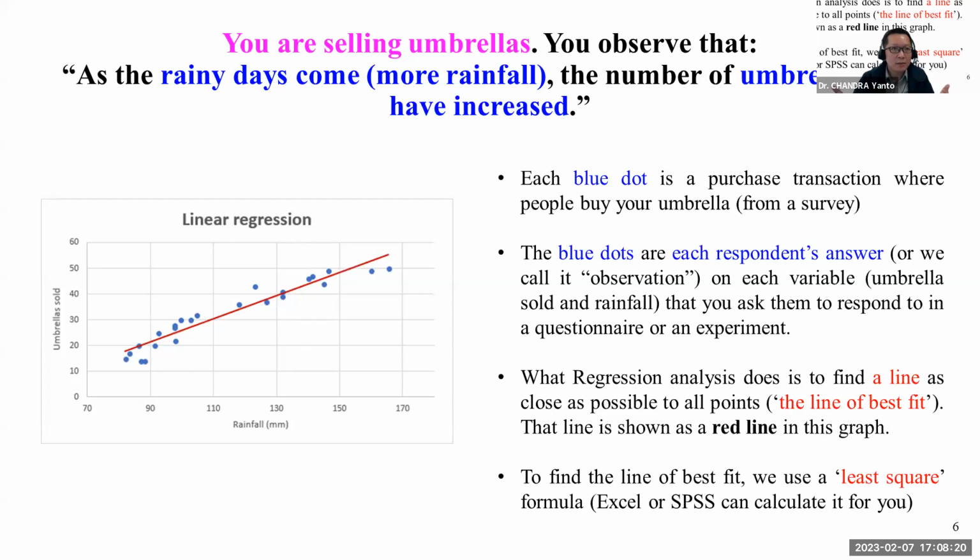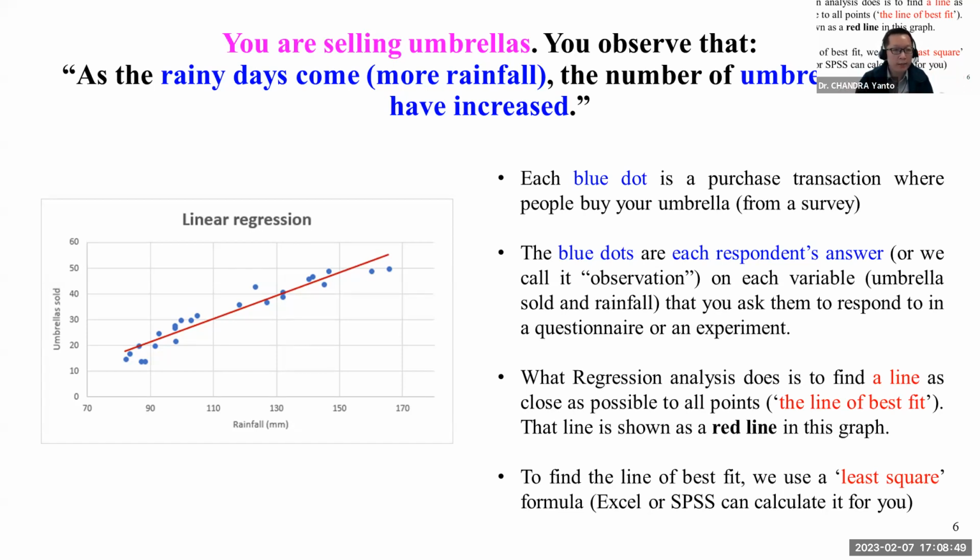Rainy days are exactly your predictor or your independent variable, which you have on the x-axis. And how many umbrellas you have sold, that is your y, or your dependent variable. So you want to see the relationship between this x and y, like whether rainfall can predict how many umbrellas you can sell. Let's say those blue dots are the transactions that you have every day.